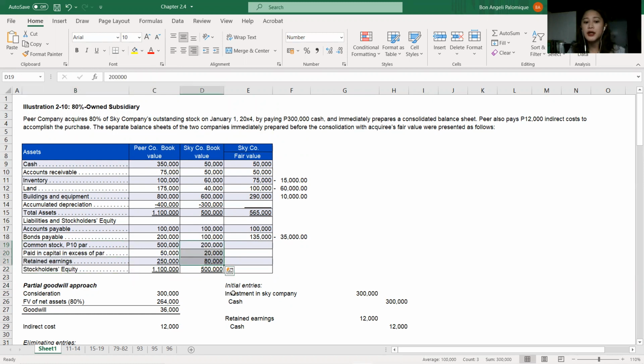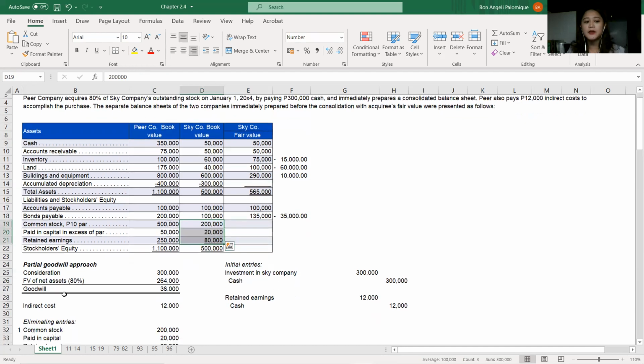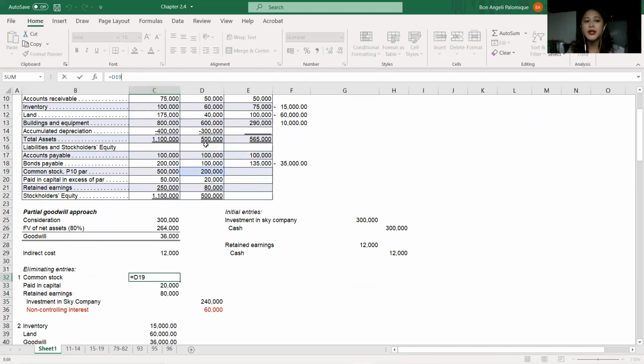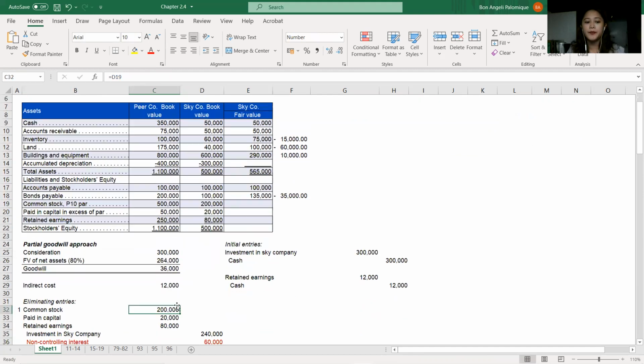Kumbaga, nag-issue siya ng investment in Sky Company para bilhin itong portion na to, di ba? So, 300. Kaya siya bumili, kaya siya nag-issue is for this. So, kapag hindi mo yan na-eliminate, magda-double yung impact. So, kailangan natin eliminate yung common stock, paid-in capital, and retained earnings ni Sky Company.